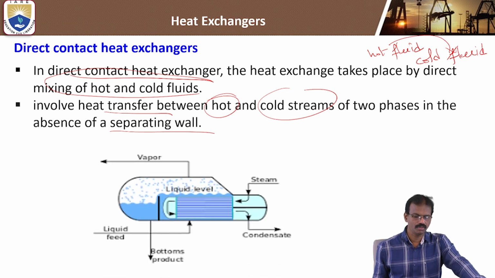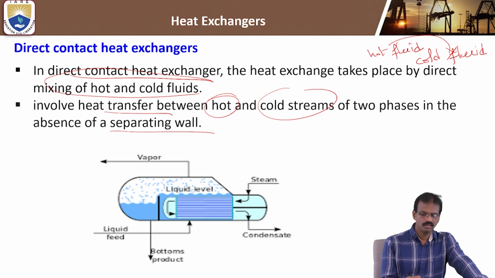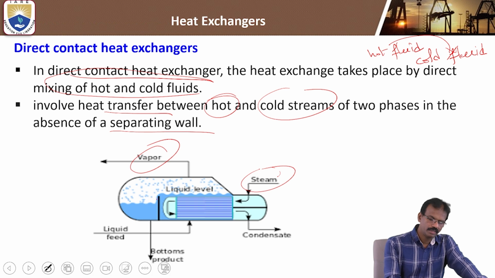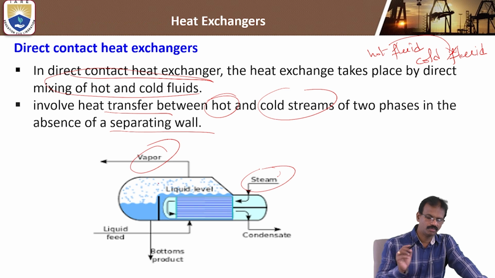Here we can observe like this. This one is the stream of one fluid. This is the vapor of another fluid. These are in direct contact with each other. This is the liquid and this is the vapor.